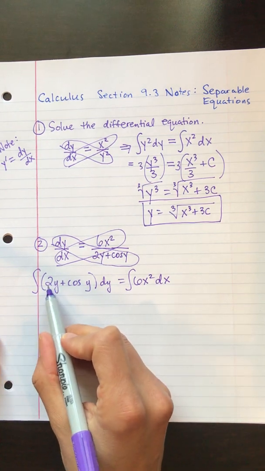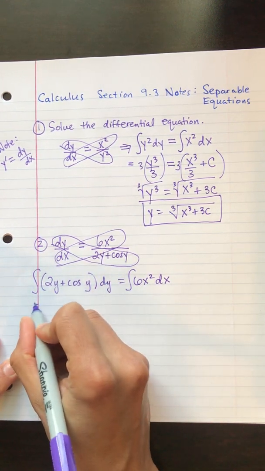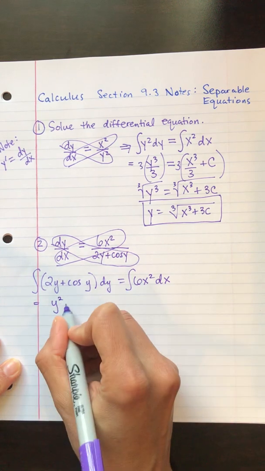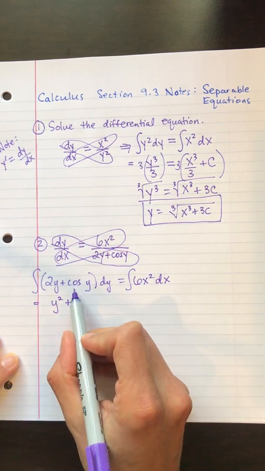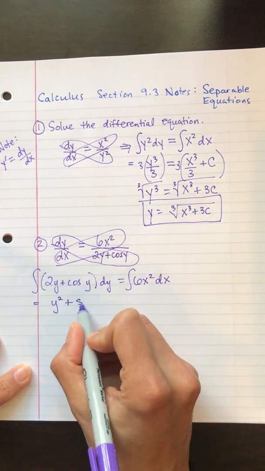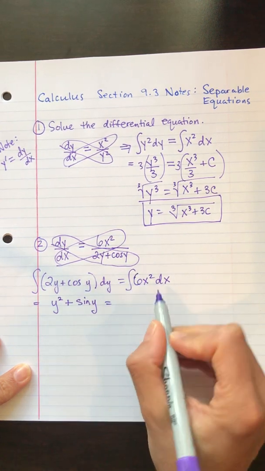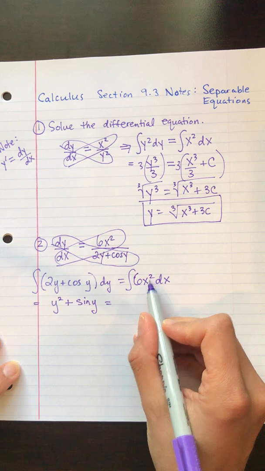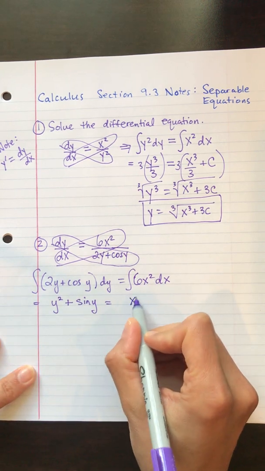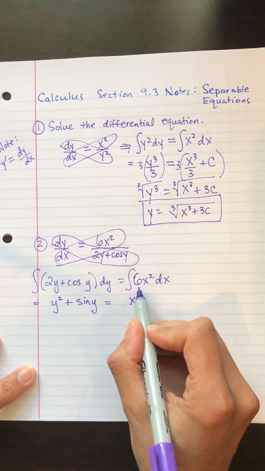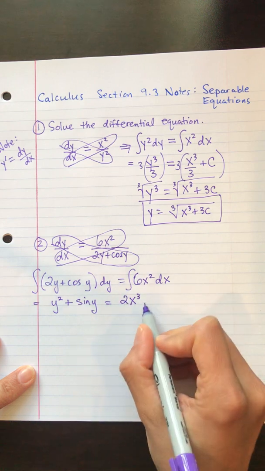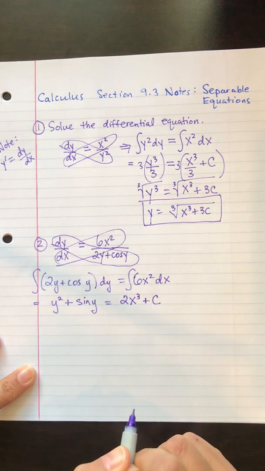So what's the antiderivative of 2y? It is y squared. Plus, what's the antiderivative of cosine y? It is sine y. Equals, what's the antiderivative of 6x squared? It's x cubed, and then it'll be 6 over 3, which is 2, plus c.